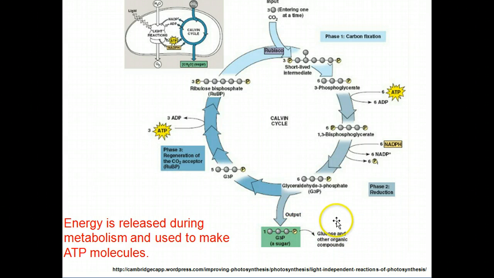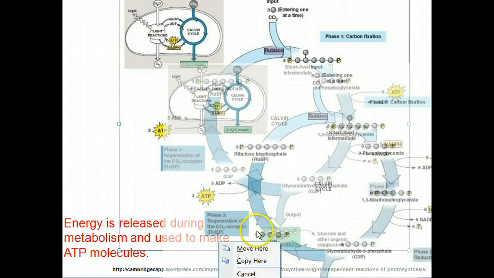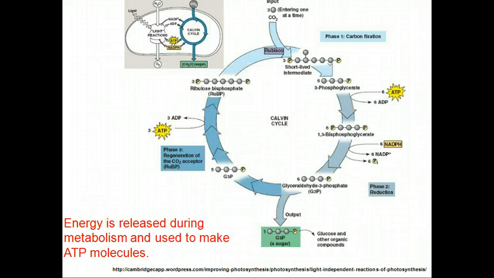Ultimately, we have our glucose. So it all starts with carbon dioxide, with the energy from the light-dependent pathway. The ultimate goal, I'm sorry, the ultimate goal is to make that glucose.